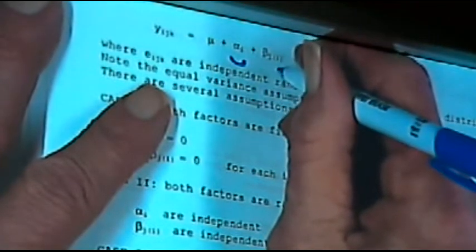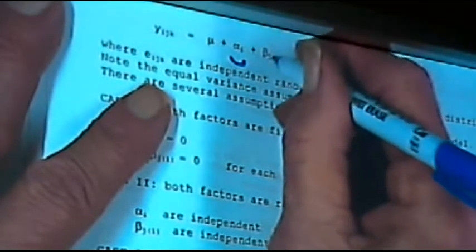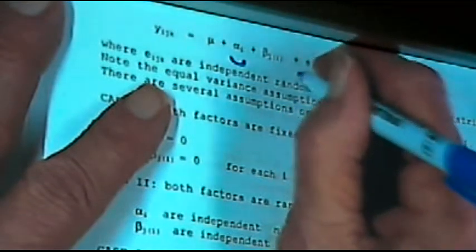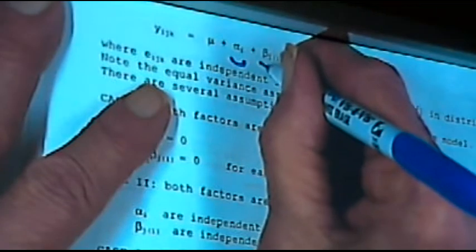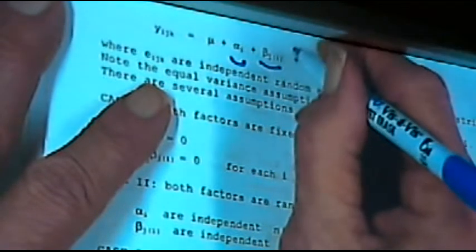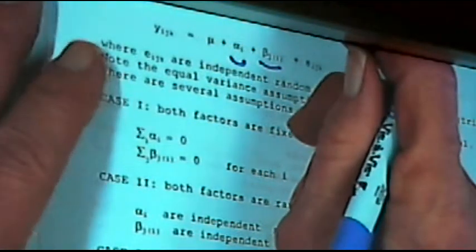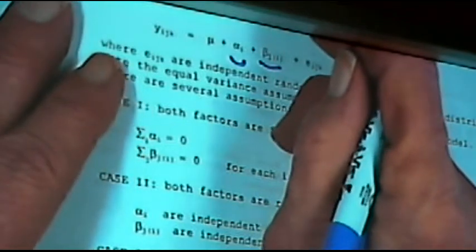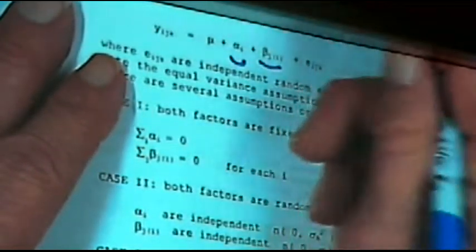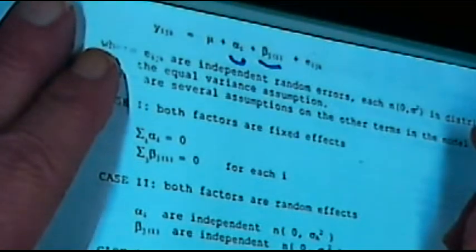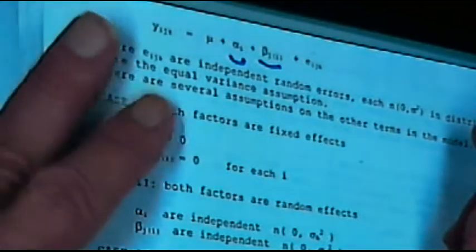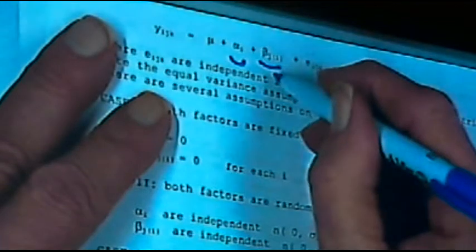Notice the new notation that's going on here, beta j parenthesis i. This parenthesis business is kind of clumsy, really, but it's classical statistical notation, I guess. So our book uses it. I'm using it here in these notes, and it's a little awkward, but this is what statisticians have come up with.